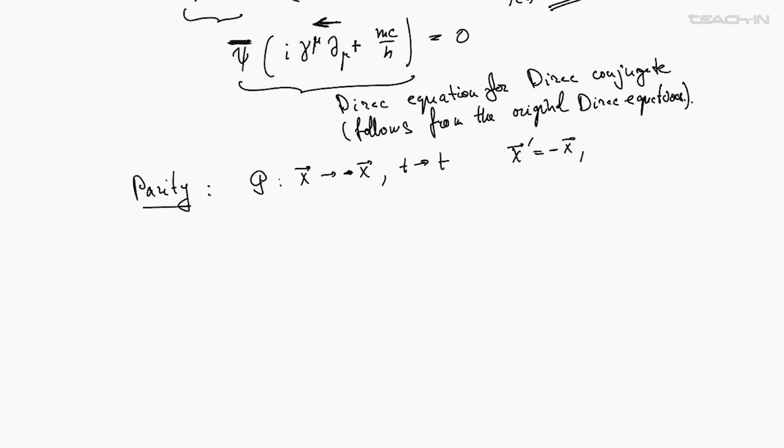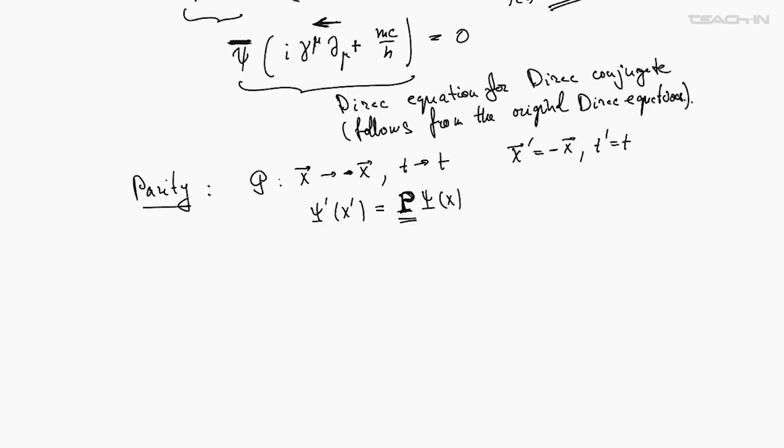And then again, we are looking for psi prime on x prime, the transformed psi in the new Lorentz frame obtained from the old one by means of this parity transformation as some matrix, I call it capital P, multiplied with psi on x.